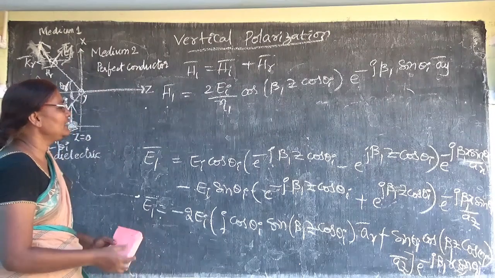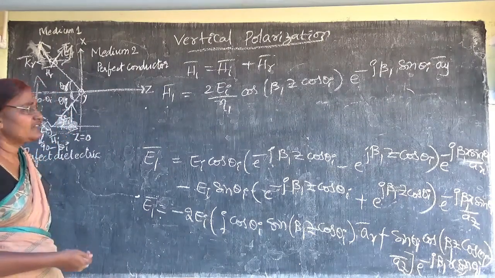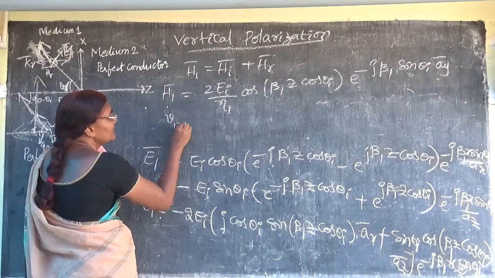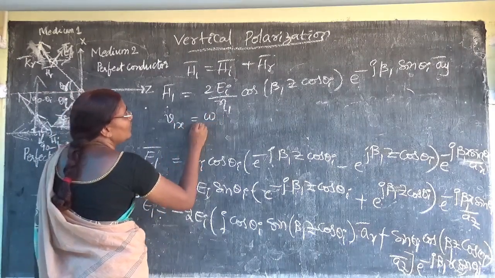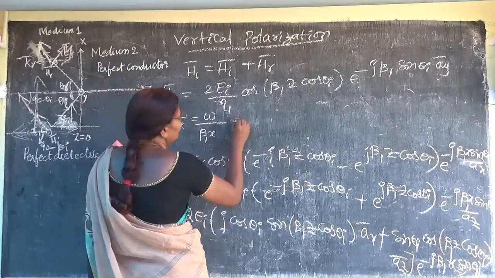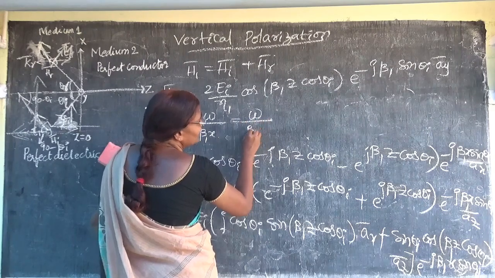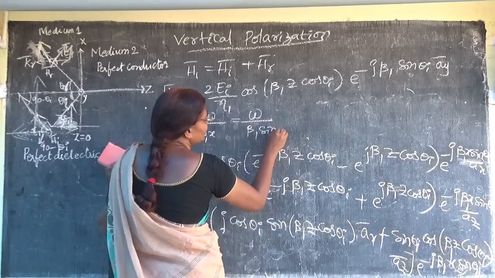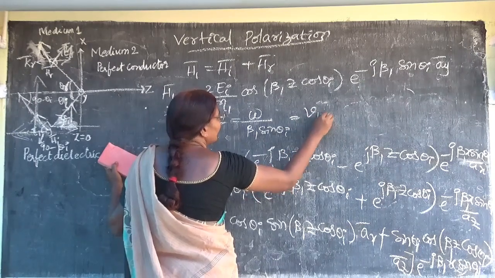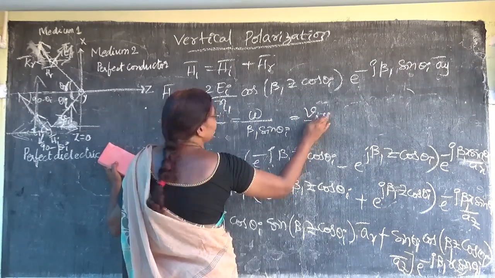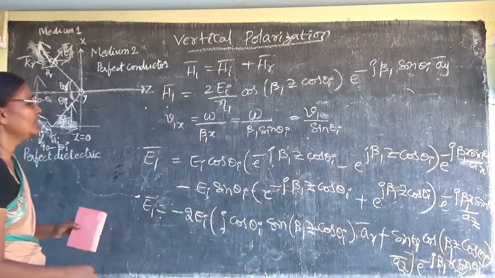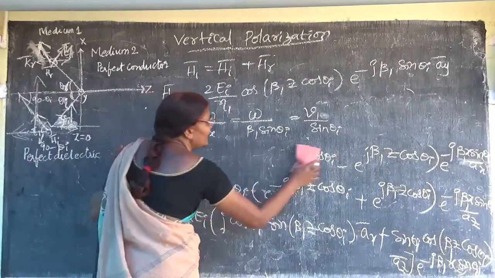So what do they represent? We discussed this at the start of the video. What did we say? What is my V1x? V1x is going to be omega by beta 1x. Right. What is beta 1x here? Beta 1 sin theta I. So this can be written as V1 by sin theta I. In the same way we can write lambda also.